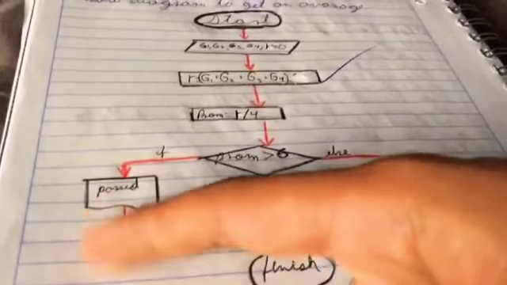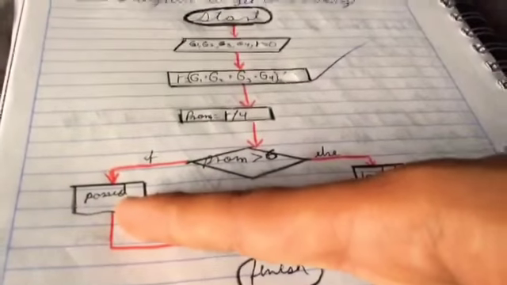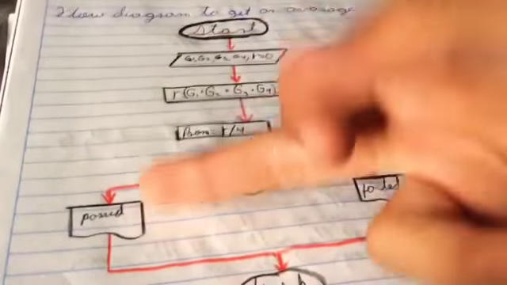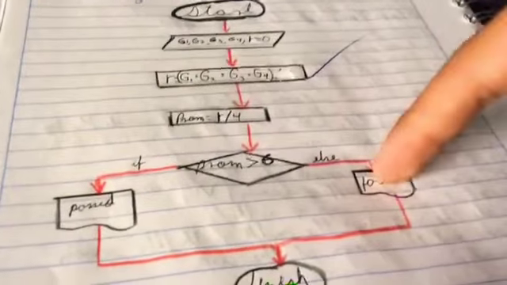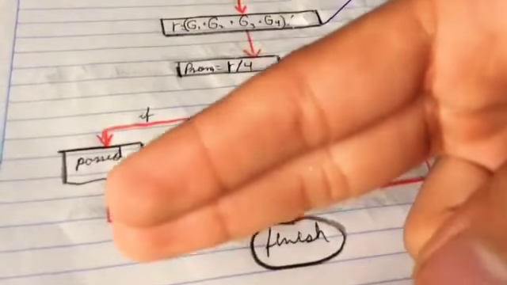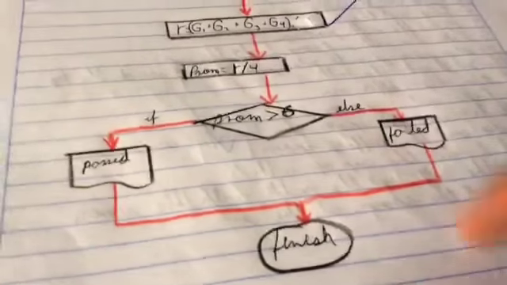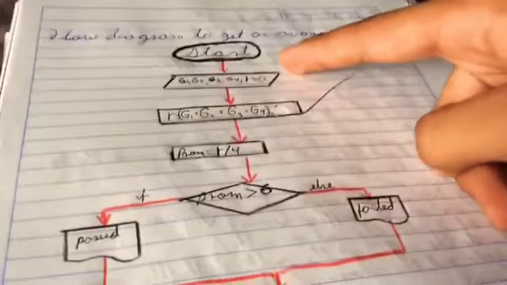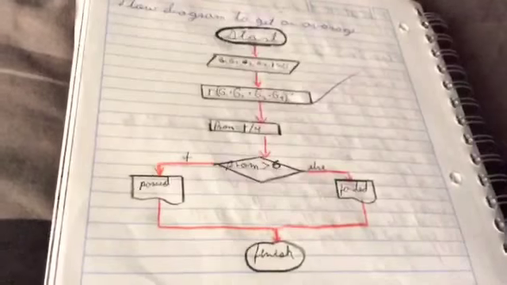But else, if your average is less than 6, you failed. And these shapes are to represent that you need to print this on the screen. So this is what is going to appear on the screen. And then to end the flow diagram, you put finish here, like in the start, because that's where you put the circle. So this is the flowchart.